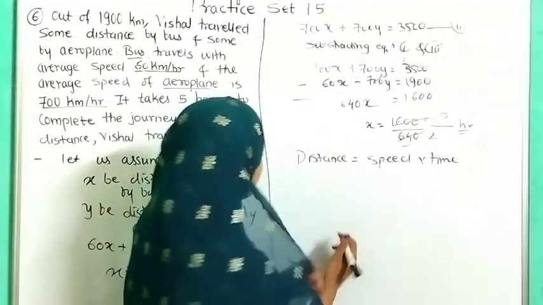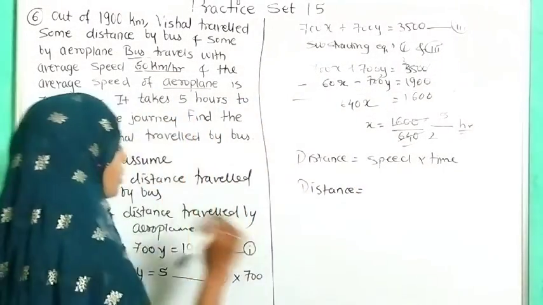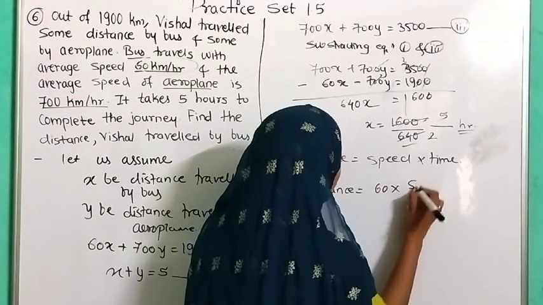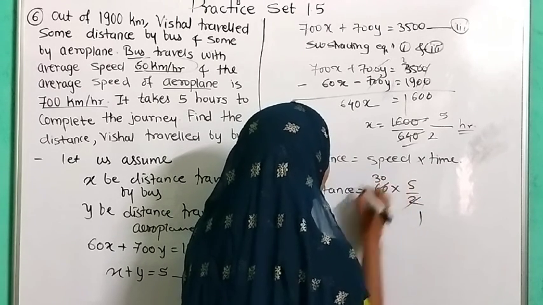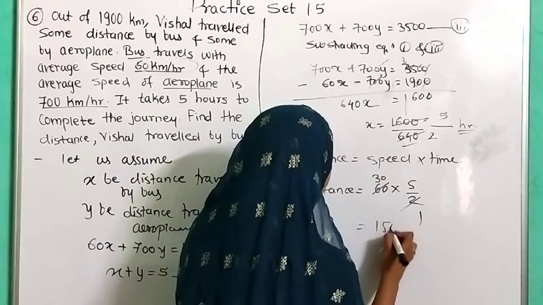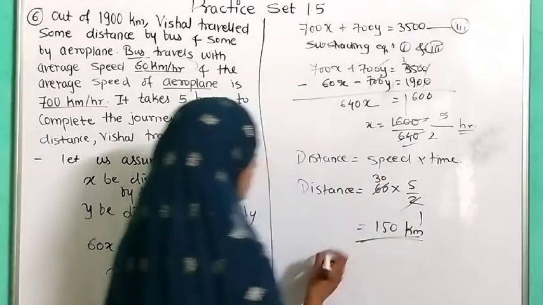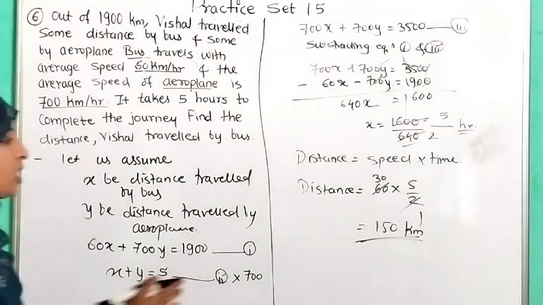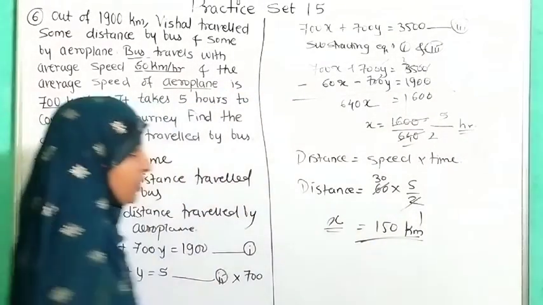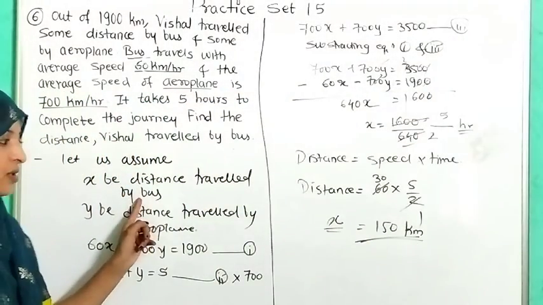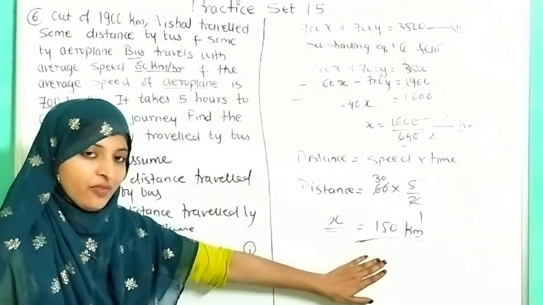Now distance is equal to speed, 60 km per hour, so 60 into 5 upon 2. If you divide it, it becomes 30. 3 5s are 15 and 0 as it is. Means the distance traveled by bus is 150 km. Means the value of x is 150 km. Here the distance traveled by bus is 150 km, and the answer is Vishal traveled by bus 150 km.